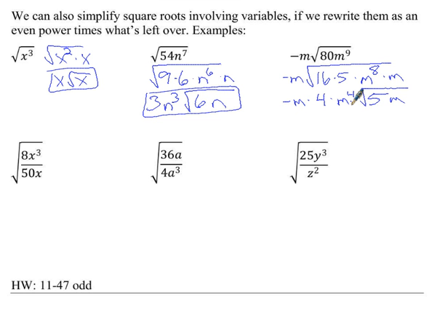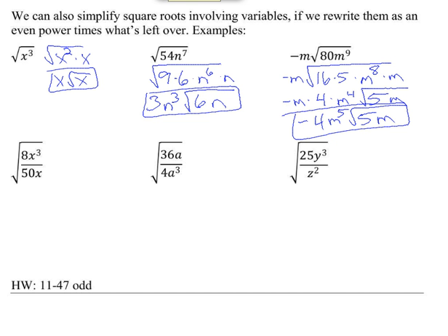M times m to the 4th is m to the what? Negative m to the 1st times m to the 4th is negative m to the 5th. So we have negative m to the 5th, that 4, square root symbol, 5m. That is the answer.